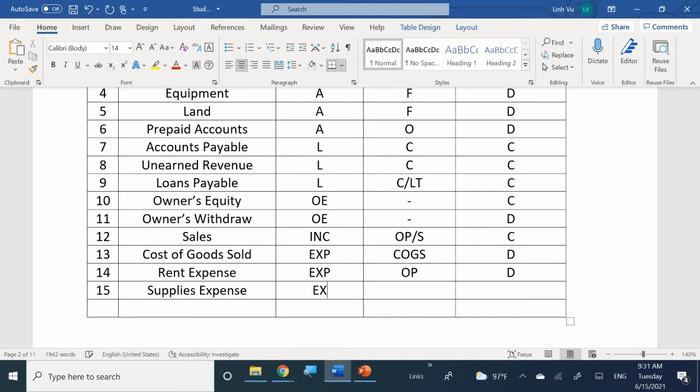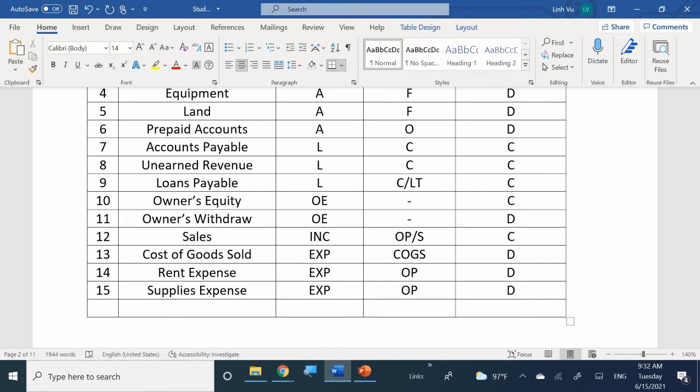It is definitely, yes. Okay. What kind of expense? Operating expense. It's an operating expense. Debit. And it's a debit balance.